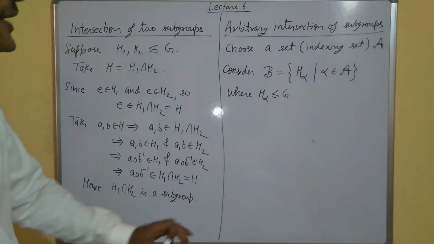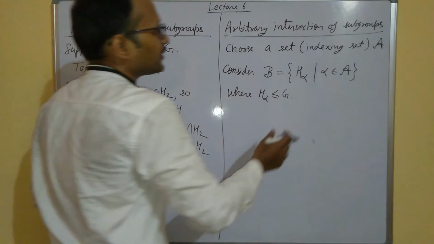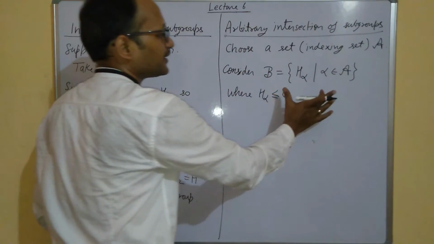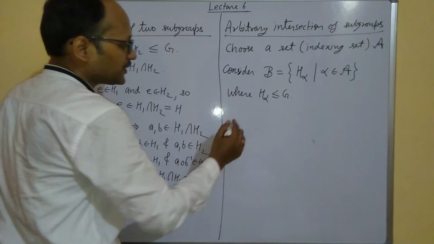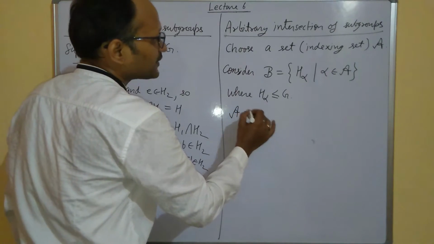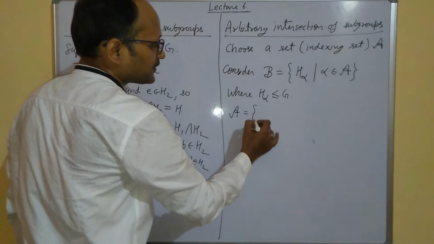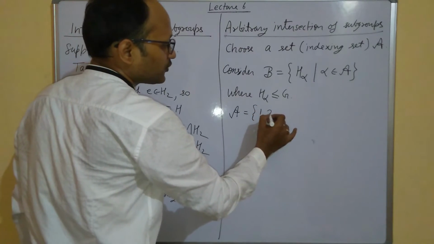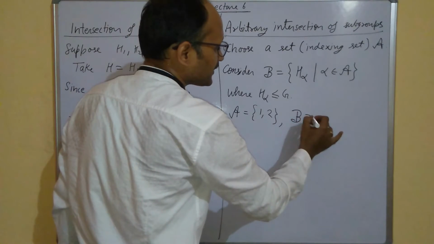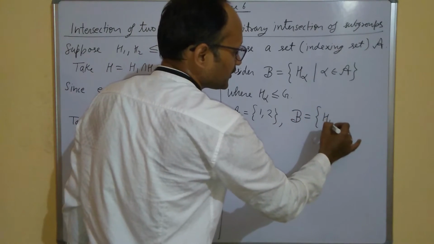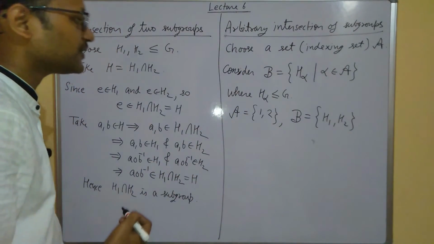This is just a way of writing the things, because we have several cases, and in this way when we write, this will cover all the cases. For example, suppose this set A, which I am calling the indexing set, has 1, 2 elements. Then B has H1 and H2, 2 elements, so 2 subgroups we are considering.